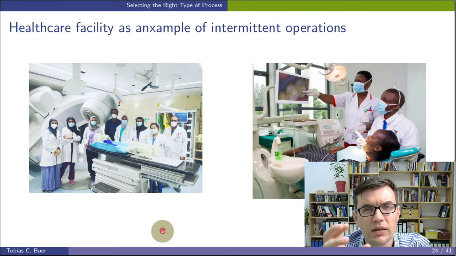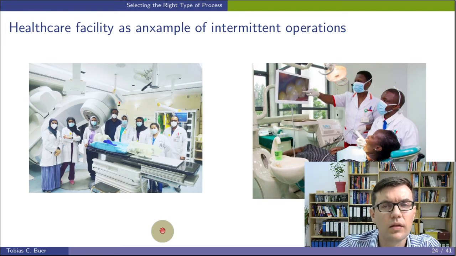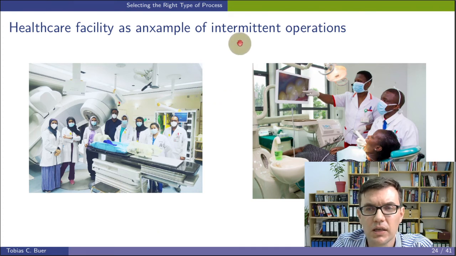The patient is treated very individually and only in those departments and with the equipment that is really required to treat the patient. If you enter a hospital, usually you visit only one or two departments, and the majority of the other departments are completely out of reach for you. This is an example for an intermittent operation process.